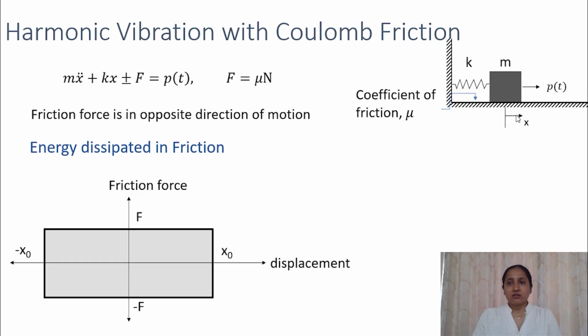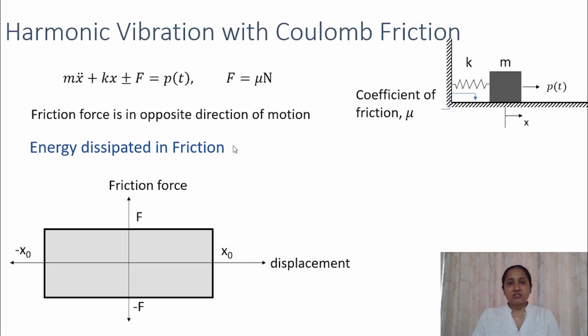If we consider x to be positive when it is towards the right, when the mass moves from right to left, the force will be acting towards the right. So when the displacement changes from plus x naught to minus x naught, the frictional force will be positive F, and when the mass moves from minus x naught to x naught, the friction force will be in the opposite direction, that is minus F. So this is the force displacement curve due to this friction damping.